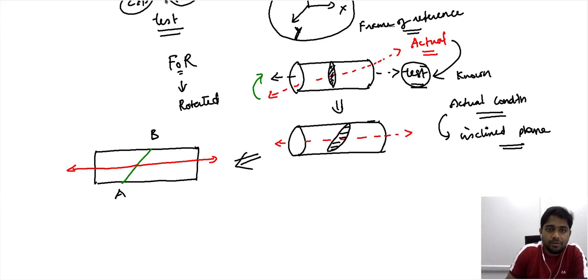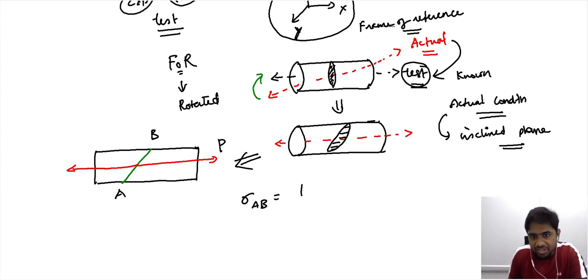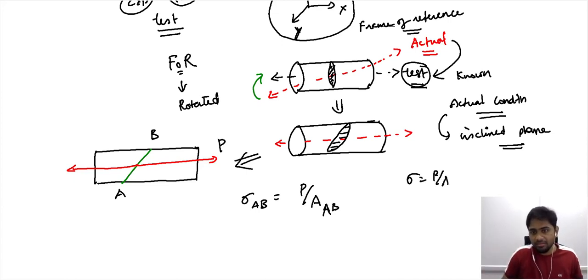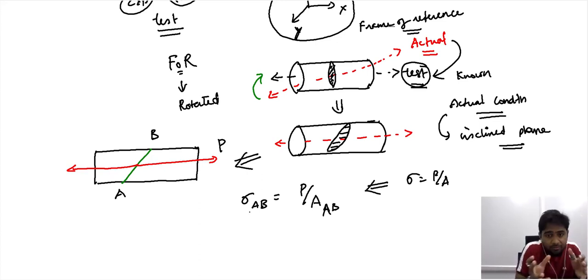Now if you refer to this tensile load as P, we could state that the stress experienced by AB is nothing but the ratio of the load and the area of AB. If you just consider it mathematically, by heart you know that stress is nothing but load over area, and if you adapt the same description, then the stress experienced by AB, the inclined region of our interest, is load by area AB.